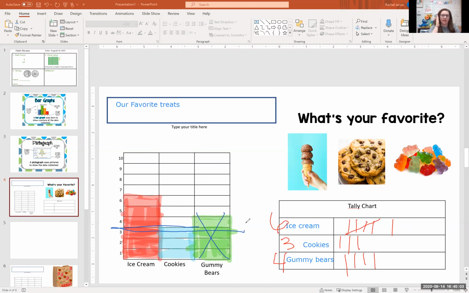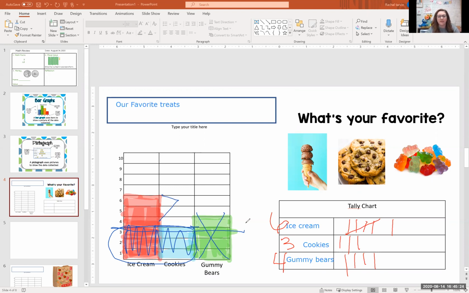I'm just looking at ice cream and cookies. So look, this part is the same. I know that 3 people voted for cookies, and over here is 3.